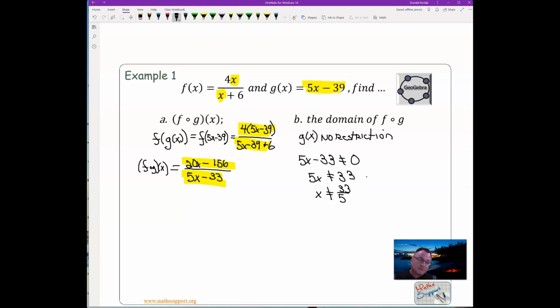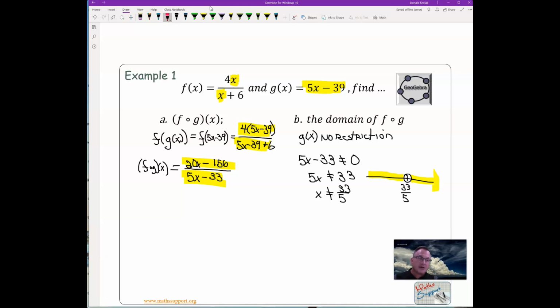33 over 5, that's going to be somewhere around 6. So I'm just going to say 33 over 5. That cannot be 0, so I've got an open circle. Now my domain is going to be anything to the right of that and anything to the left.